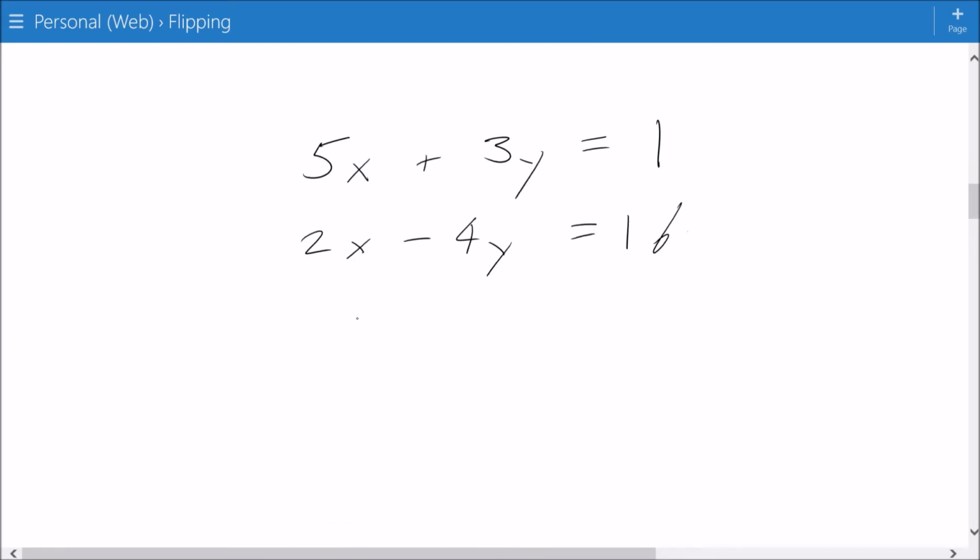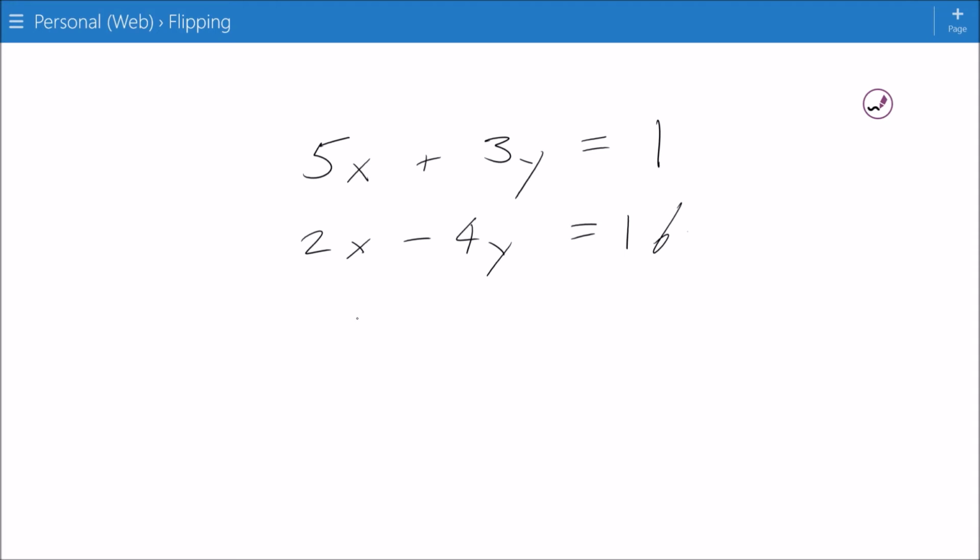Now, it's not very easy for me to multiply one of these by something to get the other one. 2 times really any number is only going to give me something that is even. I can't get that 5. And similarly, I cannot multiply 3 or 4 by anything to get the other corresponding y value.